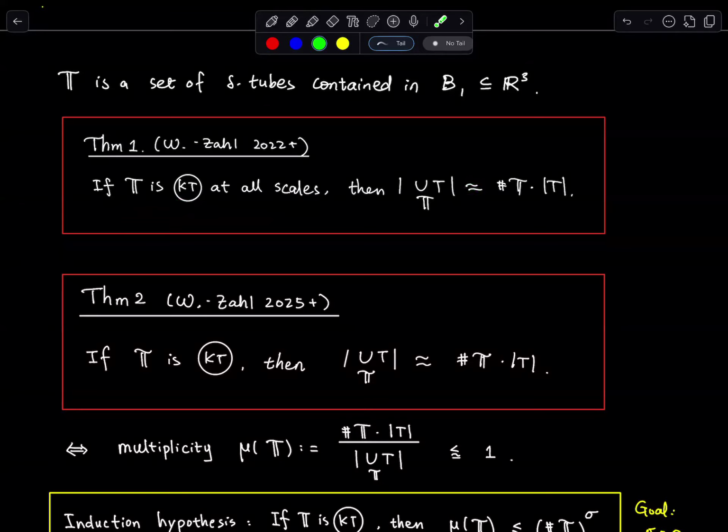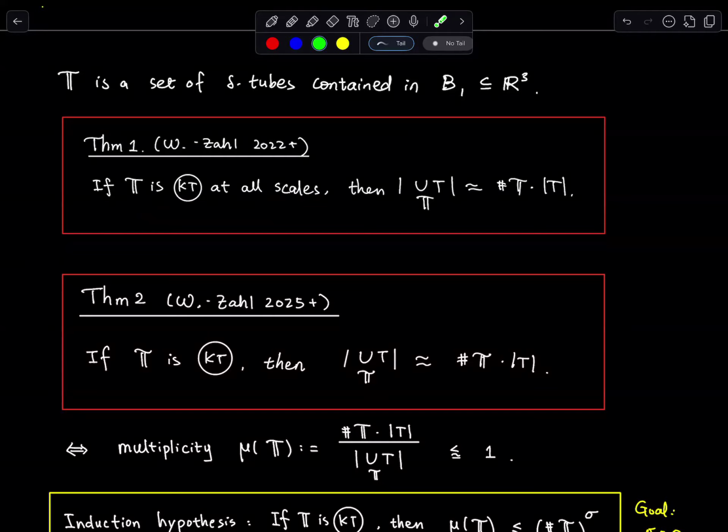So this is our sticky Kakeya theorem. And the next goal is to remove these three words, to say that if we know the set of tubes satisfies the Katz-Wolff axiom, then the volume of their union should be approximately the number of tubes times the volume of a single tube.